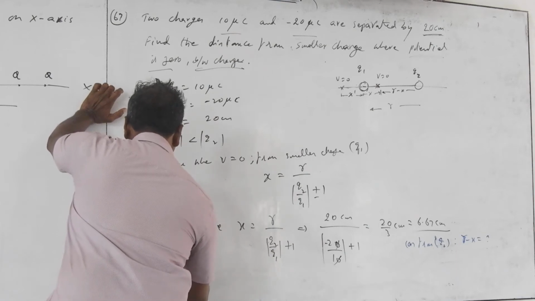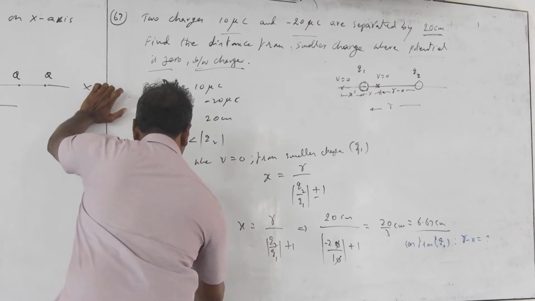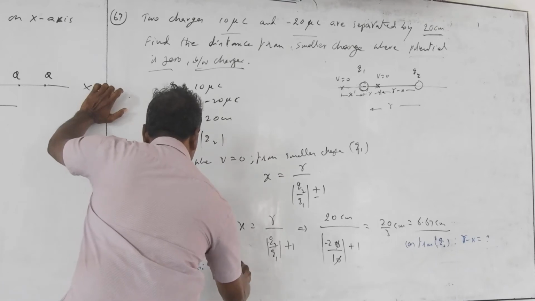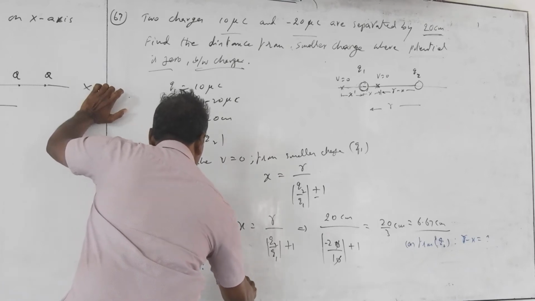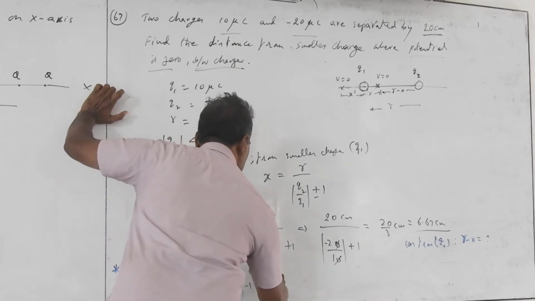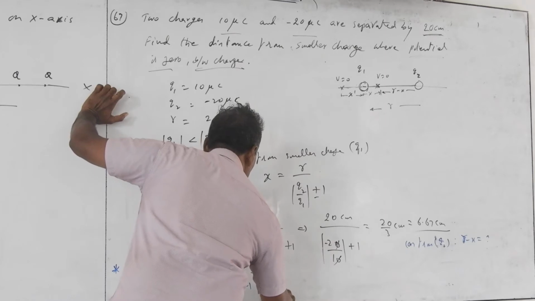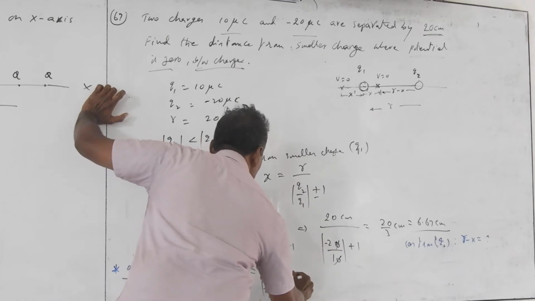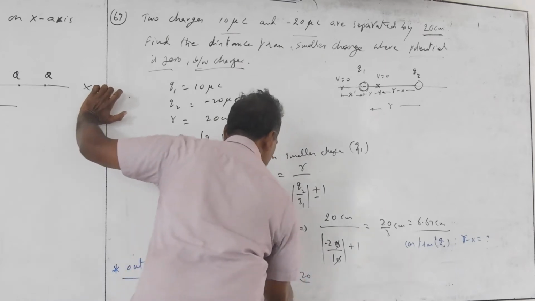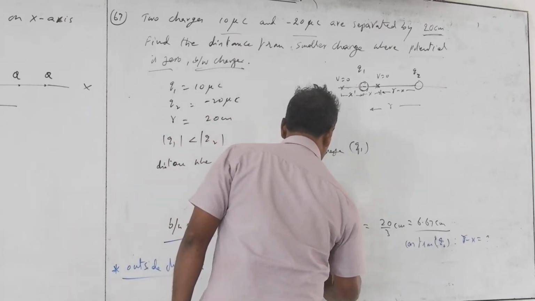Outside charges: we take x equal to R by (Q2 by Q1 minus 1). That means 20 by (20 by 10 minus 1), which is 20 by (2 minus 1), which is 20 by 1, that is 20 centimeters.